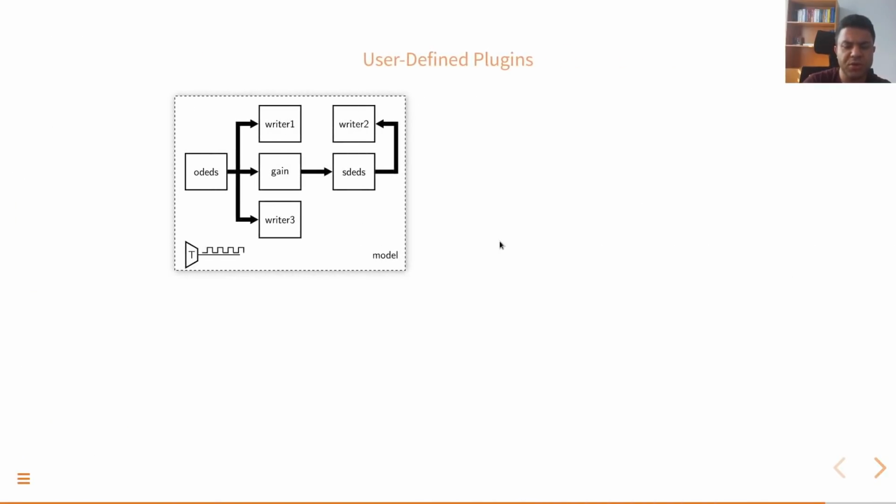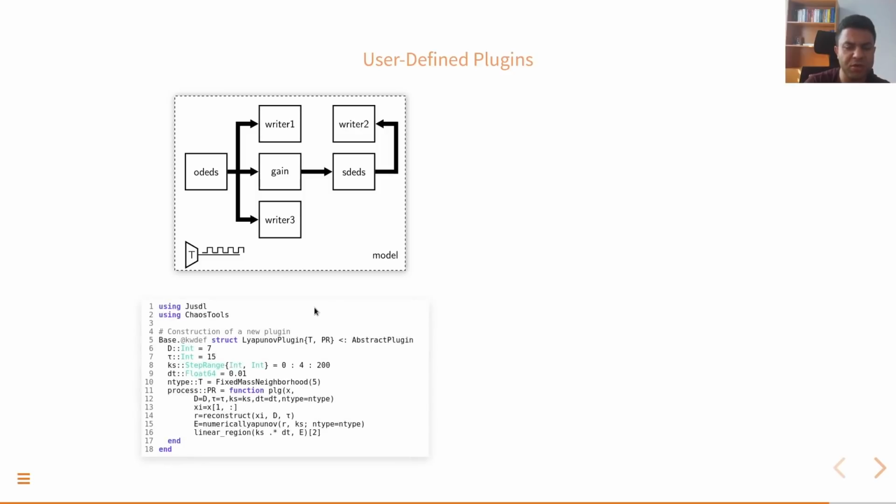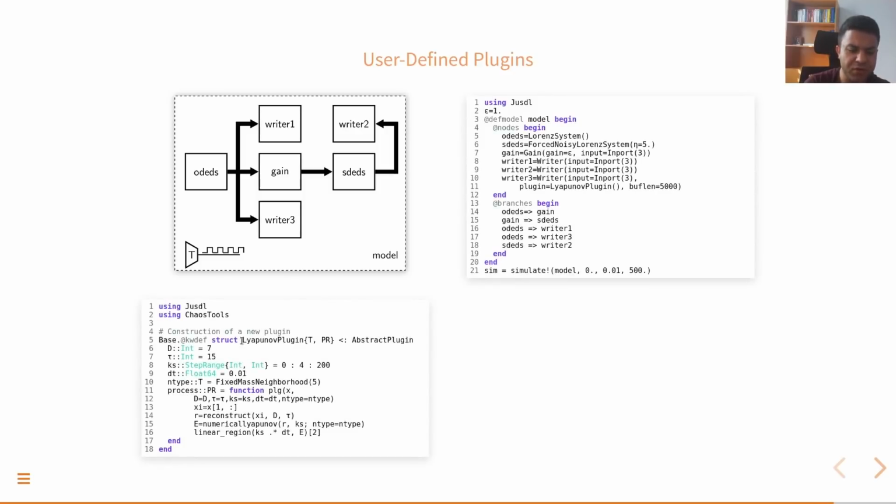Okay, it's possible to define plugins and integrate those plugins in Jusdl. For example, we have an example model here. Writer 3 is constructed to show that user-defined plugins are possible in Jusdl. We first define our plugin as shown here, and we construct writer 3 with this plugin as shown here.